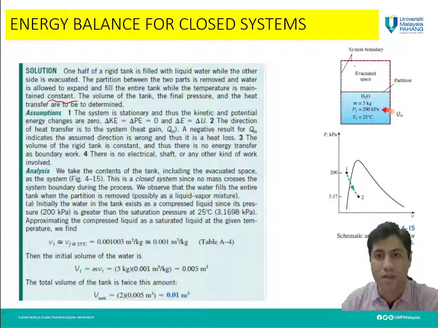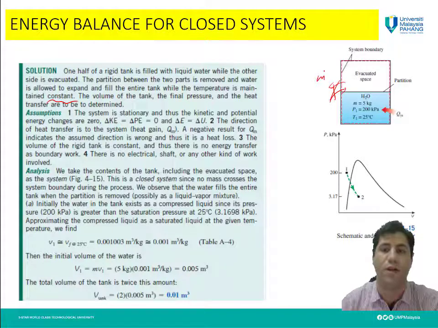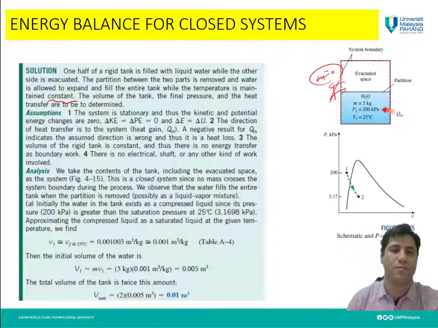And also, if you notice here, this system, according to the dashed line, is a closed system. Why? Because we do not have any mass transfer to or from the system, or m is equal to 0, or m dot actually.